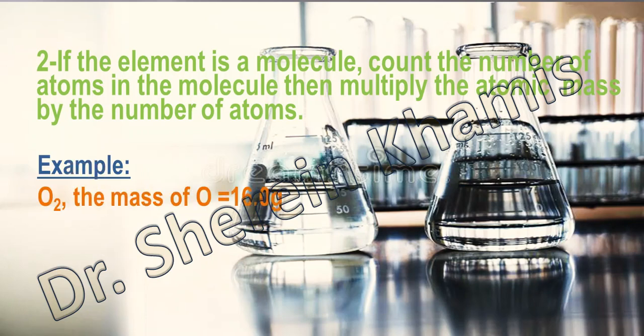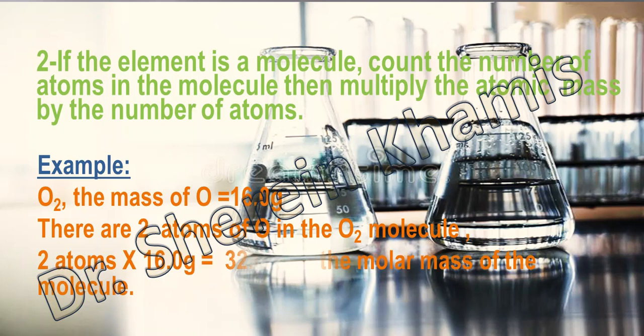If we take an example, we have an oxygen molecule. The mass of one atom of oxygen is 16 gram. There are two atoms in a molecule of oxygen. So here we have two atoms times 16, giving 32 gram, which is the molar mass of a molecule.